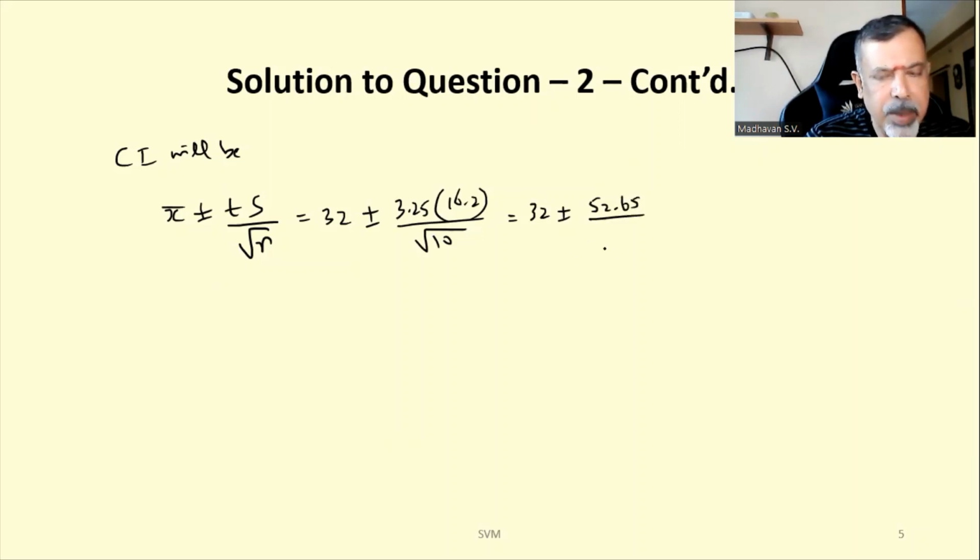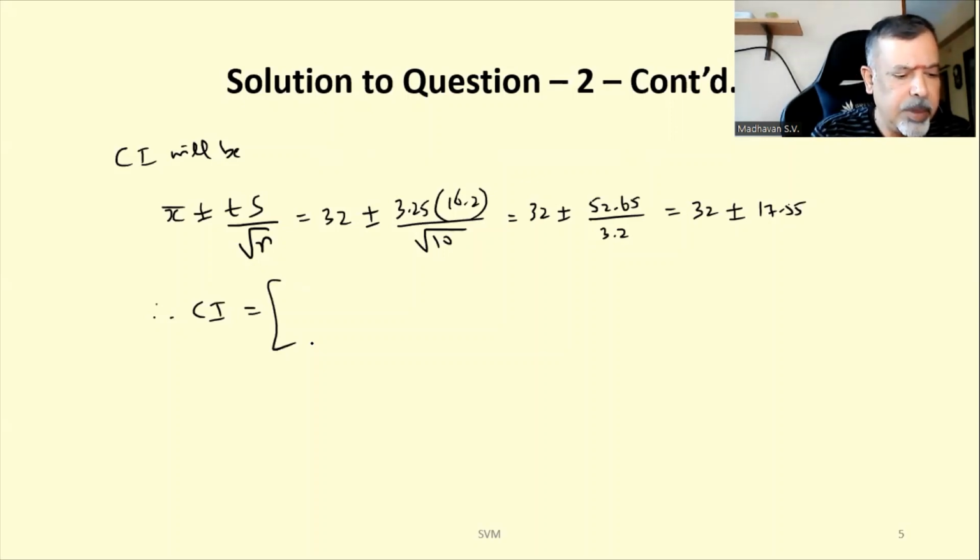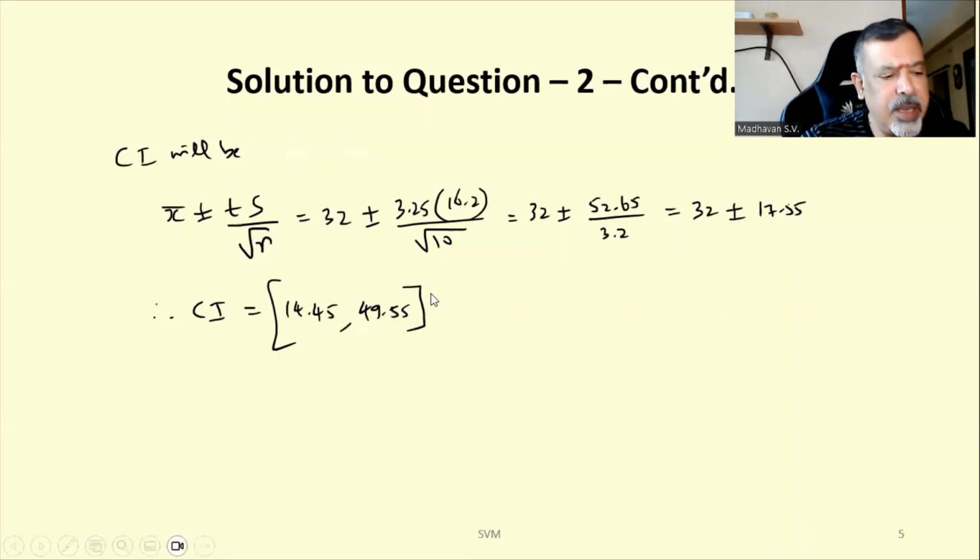Square root of 10 is about 3.2 . If we calculate this, we get 32 plus or minus 17.55. Therefore, the lower limit will be 14.45 and the upper limit, the addition of these two, will be 49.55. So we can say that our mu will be lying between these two values.